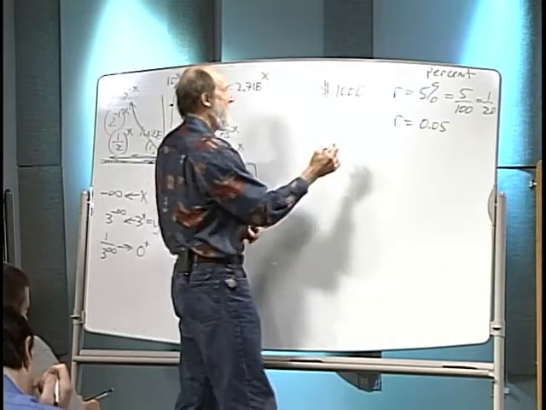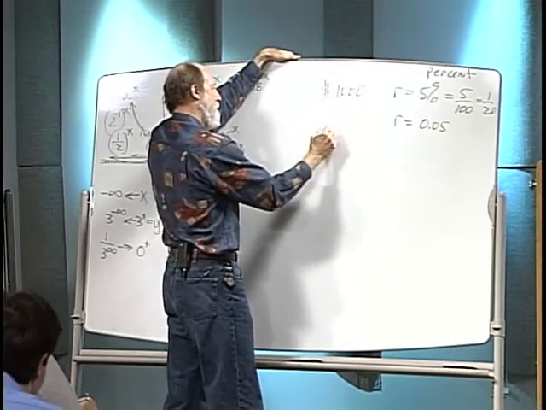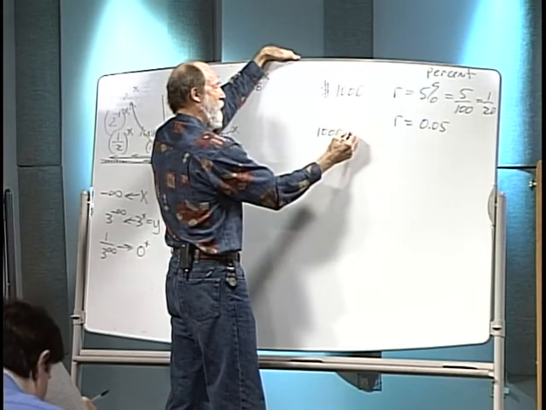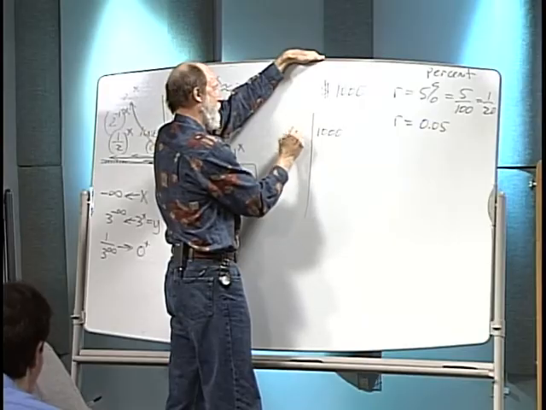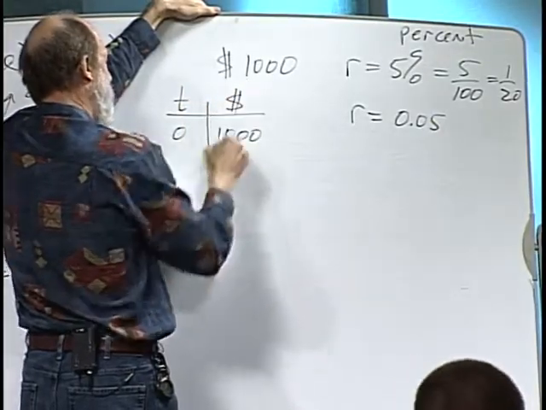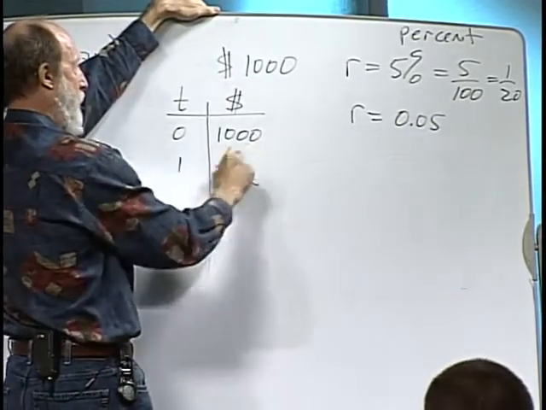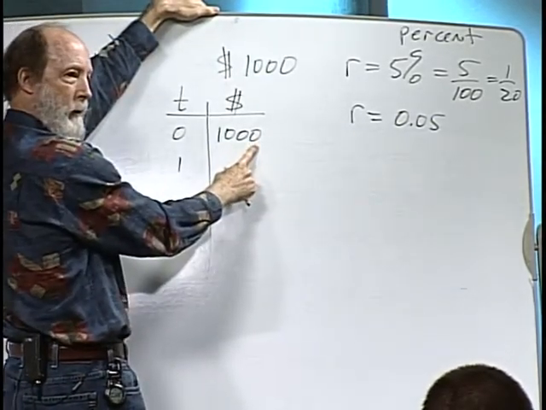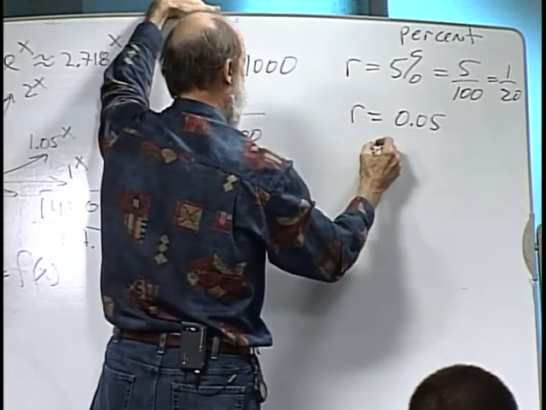So, if I take $1,000 invested, and I'm going to let it grow at 5%, then after 1 year, here's the amount of money I have. After 1 year, 5% of 1,000 is 5/100ths of 1,000.